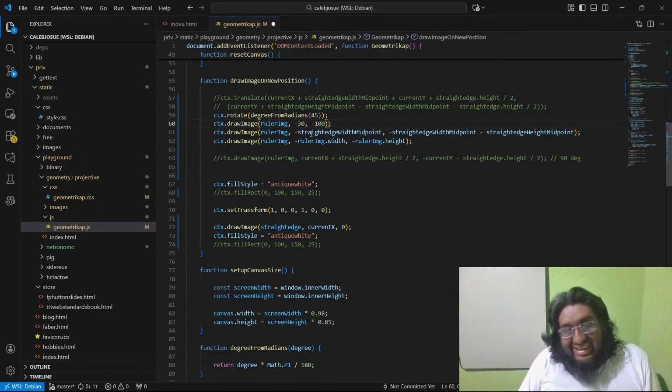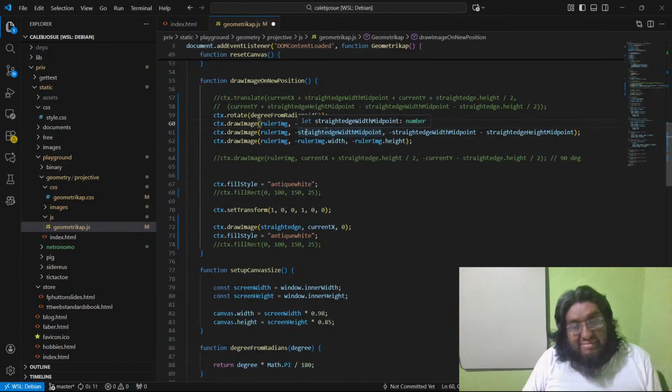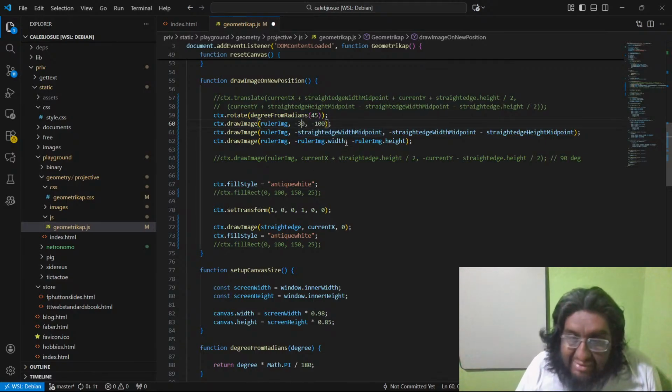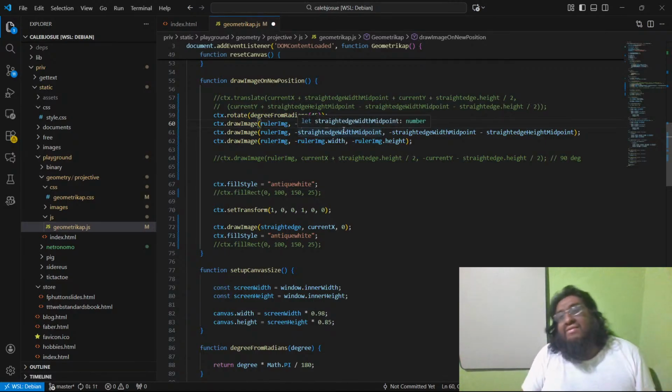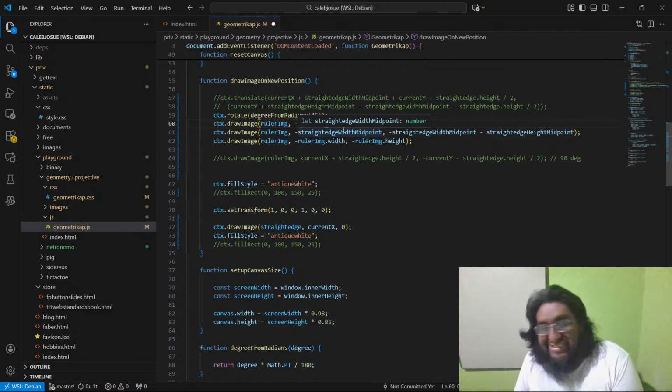But if you do the -8 minus the midpoint of the height, then you need the same variables in the formula, in the expression in this programming context. So that's not the way to go, in my opinion.